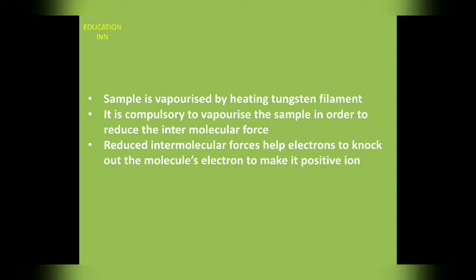These electrons are emitted by the electron gun, which have high energy to knock out electrons. These highly moving electrons make the molecules positive ions by knocking out their electrons.